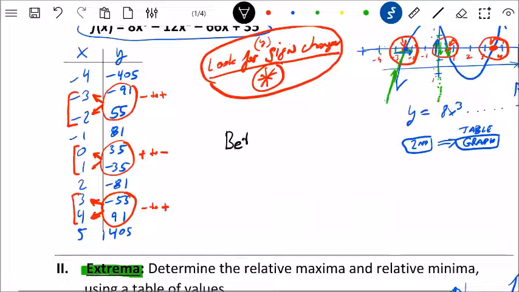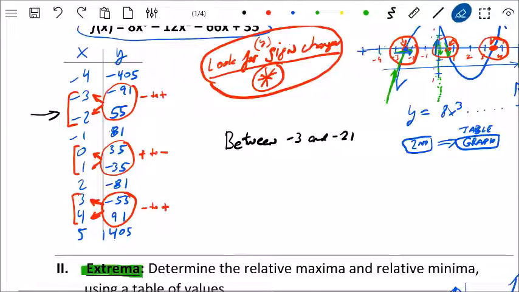So we'd say between -3 and -2, and that's this one. Whoops, I put 21 for some reason. Let's fix that. In fact, I was going to write some of that better.